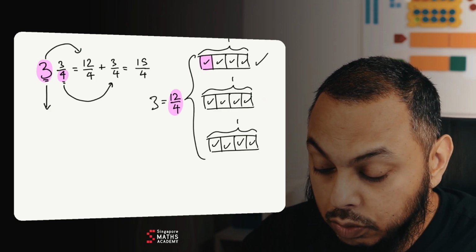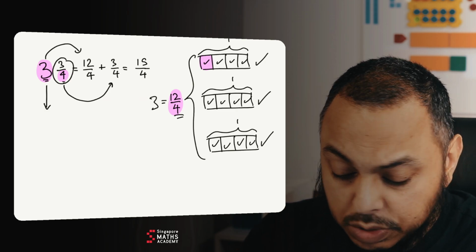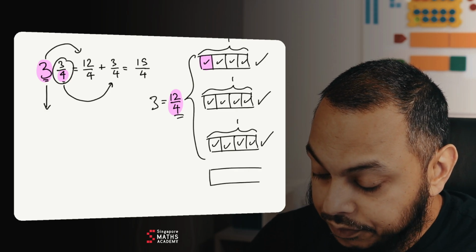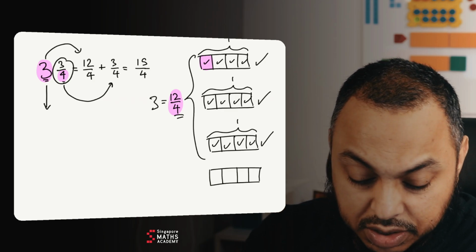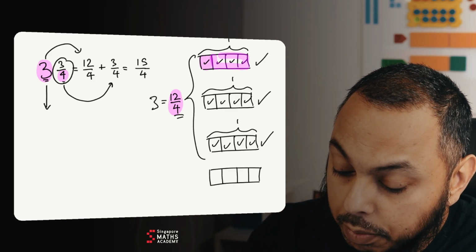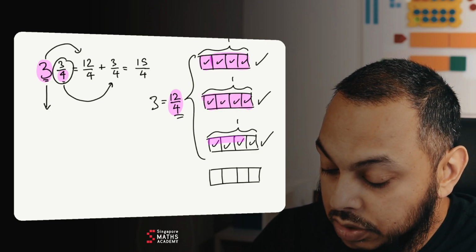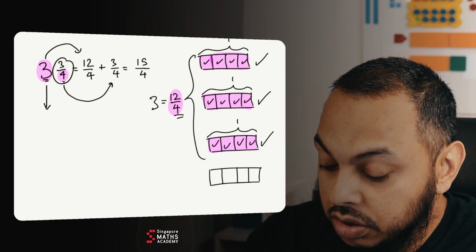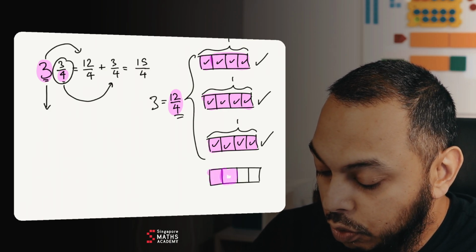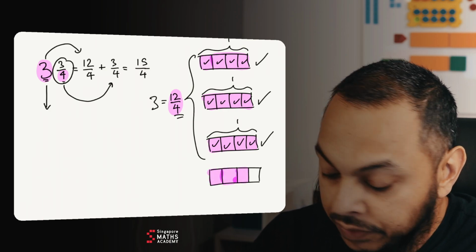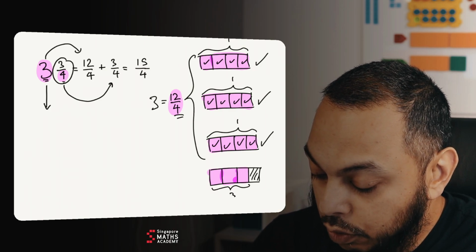So I know that's a whole, that's another whole, that's another whole, that's 12 quarters. But I've also got this 3/4 here. So I'm going to draw that out. My 3/4 are going to be 1, 2, 3, and I'm going to just shade that in. So I've got my whole here, 4 quarters, another whole, 8 quarters altogether, another whole, 12 quarters, 4, 8, 12, and I've got 1/4, 2/4, 3/4 here, and this is the 3/4.